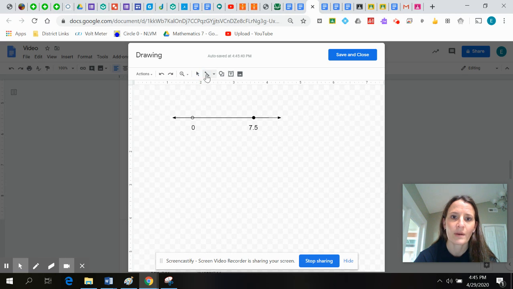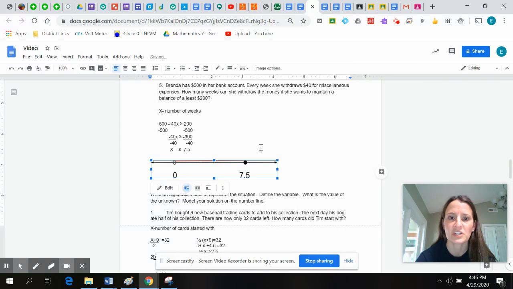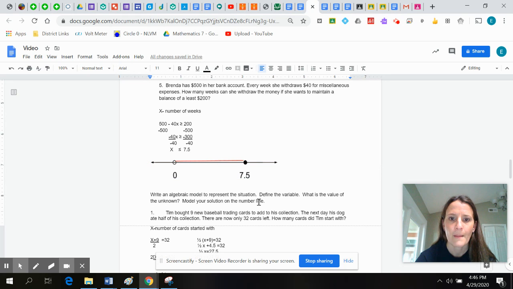So I'm just going to go and add a line from 0 to 7.5. Let me make it red so I can see it. So every day in between 0 and 7.5 weeks is a possible amount of time she can withdraw money and still have $200 in her bank account.